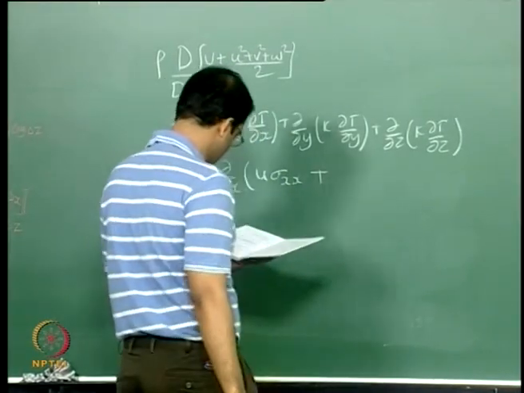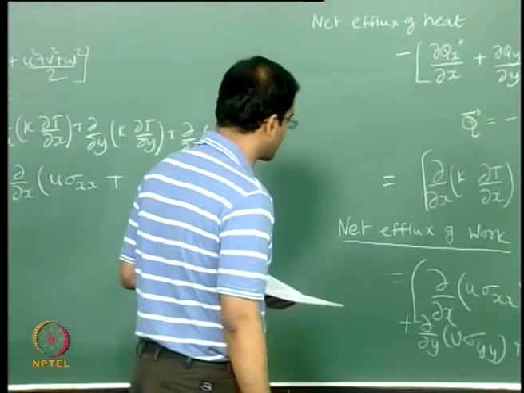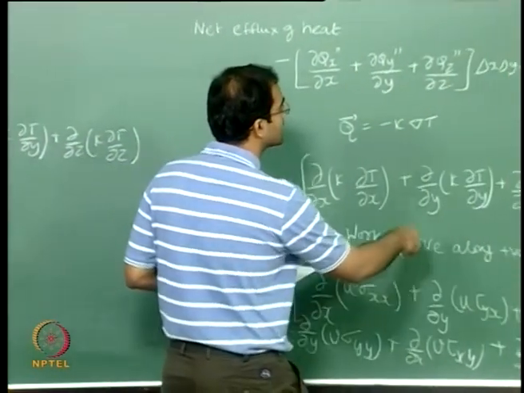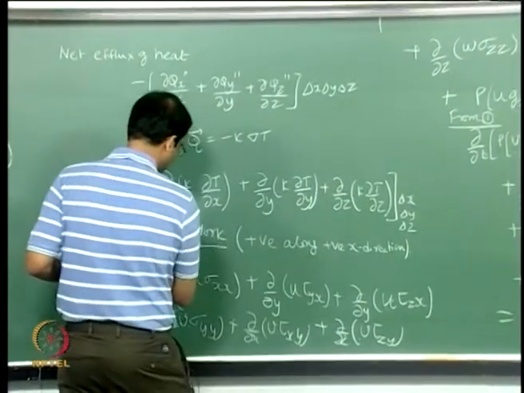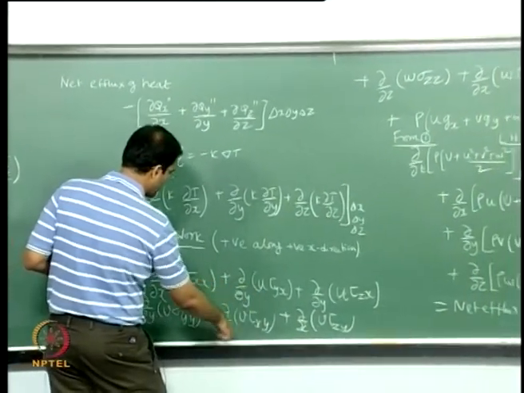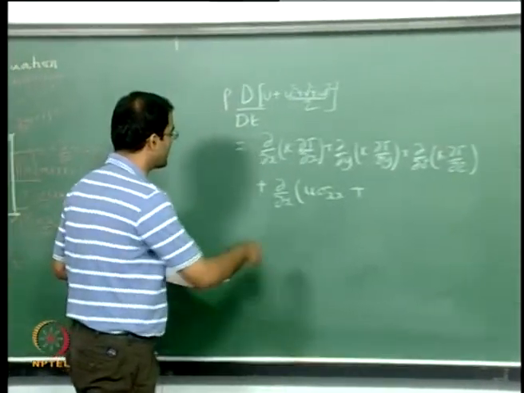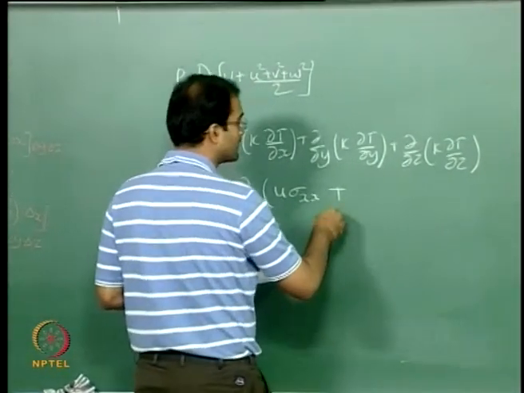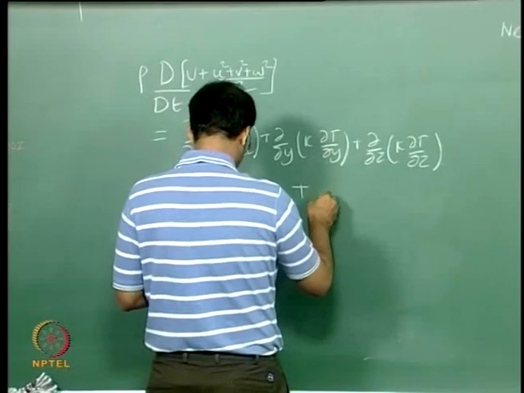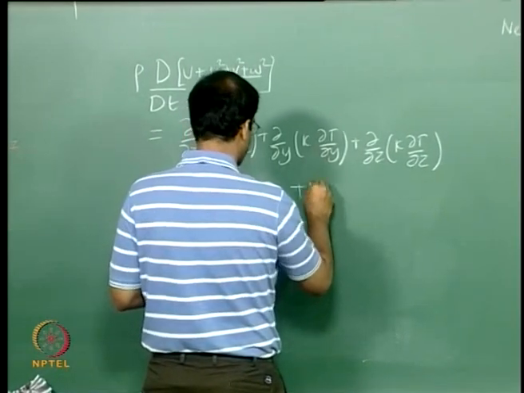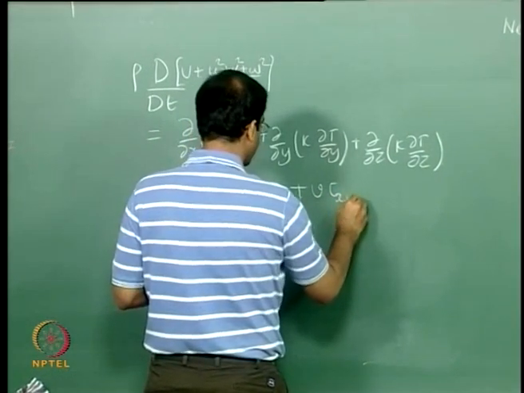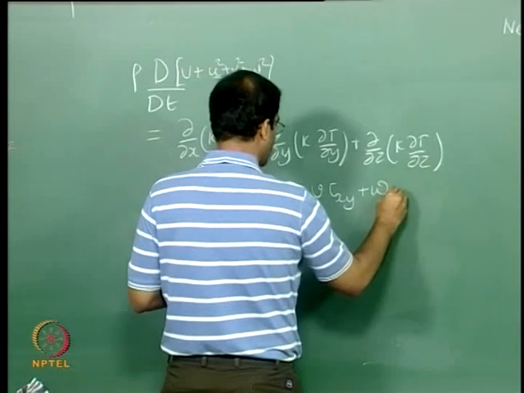What I am going to do here is club these d by dx terms from the x momentum, the y momentum and the z momentum together. So I am taking d by dx common and writing all the terms inside that, so that should give me u sigma xx plus v tau xy plus w tau xz.